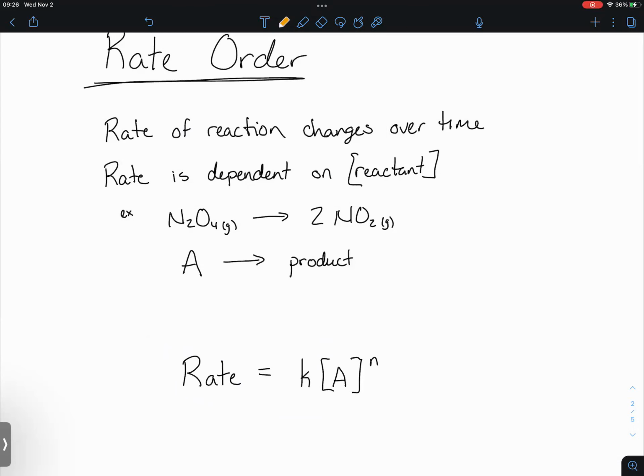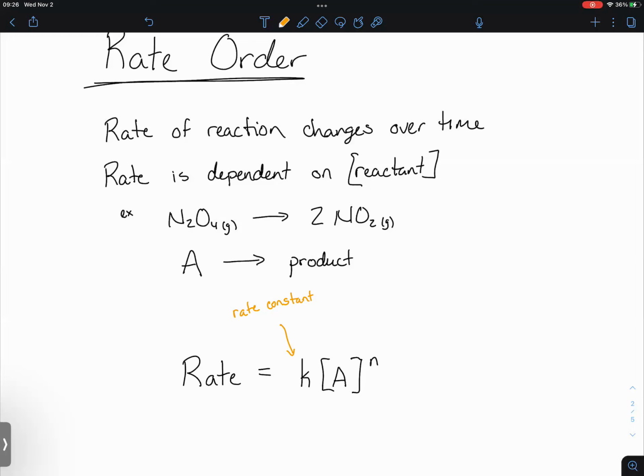So let's pick this apart real quick. The rate is, of course, what we're measuring in our reaction. k is what's called the rate constant. All right, so similar to equilibrium constants, it's something that's going to depend on your particular reaction. Each reaction will have its own unique rate constant. If we know the rate constant, then we can actually predict the rate of the reaction at various concentrations, right?